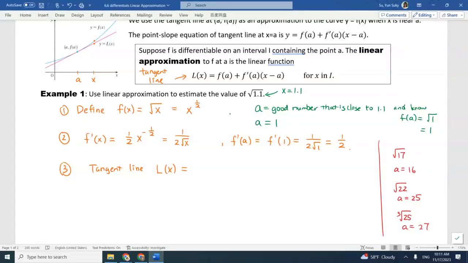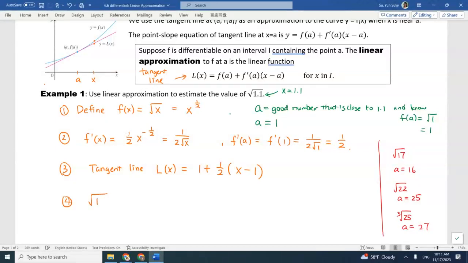What's f of a? 1. Right, everybody? And plus f prime of a. What is f prime of a? 1/2. And then times x minus a, which is 1. Right, everybody? Just leave it like that. Don't need to simplify.